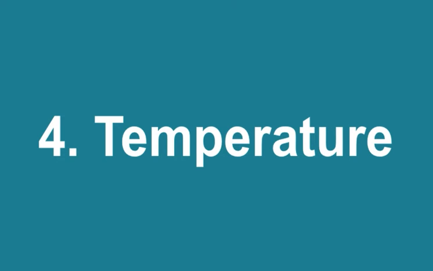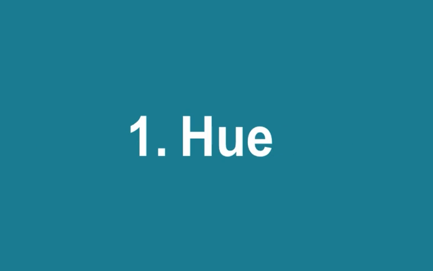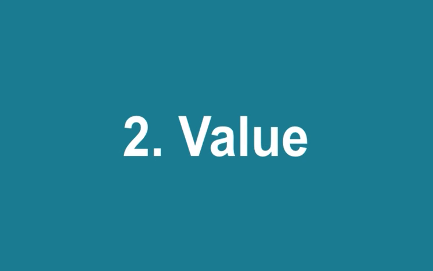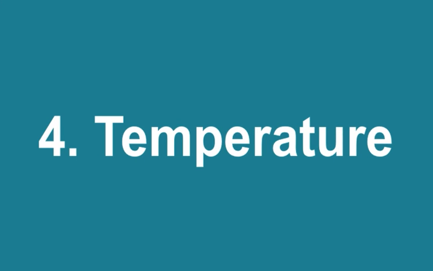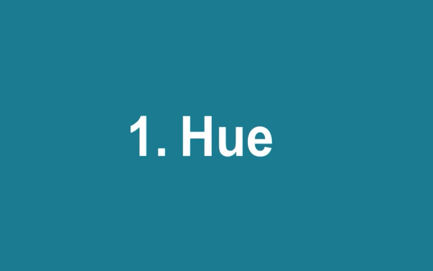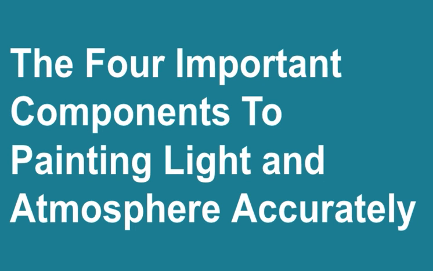So it takes us away from what's called the local color, the actual object's color, and puts us in a place of determining, okay, is that a cooler start or is that a warmer start? And so these four components are extremely important to be keeping in mind when you get your painting started, and it's in your starts that you set the tone for the rest of the painting.